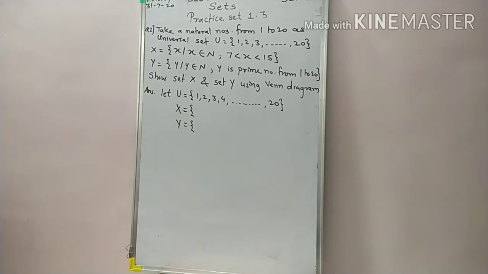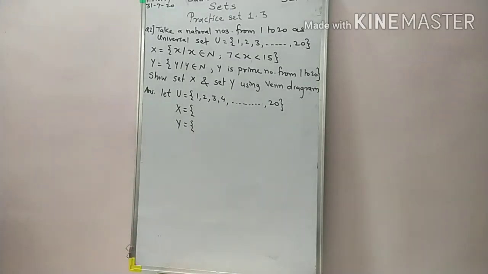So let's try the second example of practice set 1.3. The question is, take the set of natural numbers from 1 to 20 as the universal set. That means you have to take the numbers 1, 2, 3, 4 up to 20.